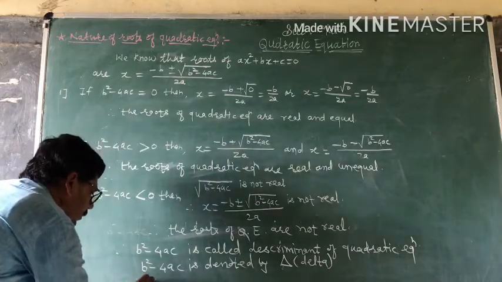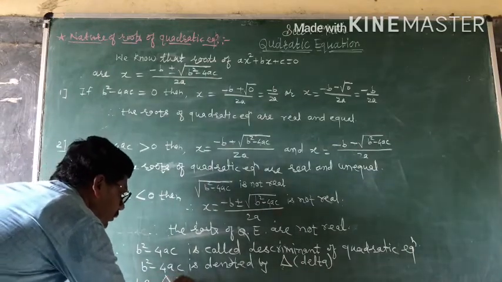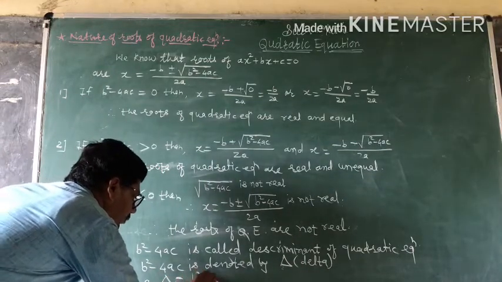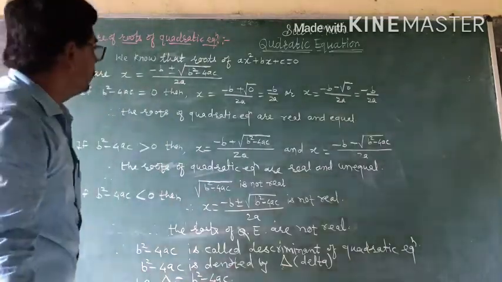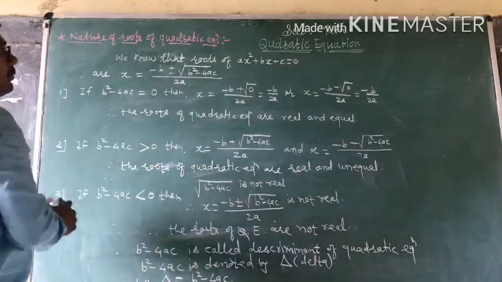Delta is equal to b² - 4ac. Now we will see some examples.